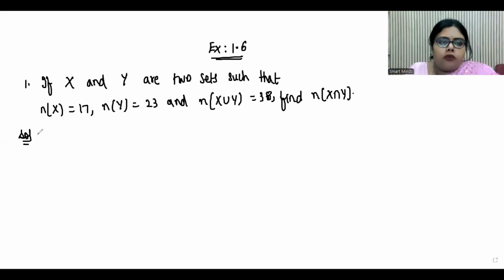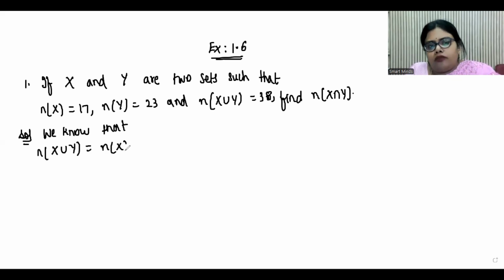So we have a formula for this. So we can write this way. We know that n of x union y is equal to n of x plus n of y minus n of x intersection y.